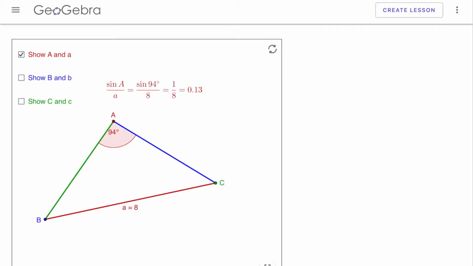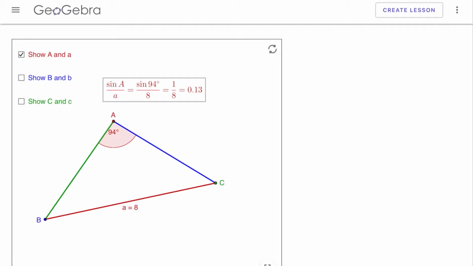So if you look right here, it tells you in this example that the angle given to us for angle A is 94 degrees. The side across from it is 8. If I were to take the sine of this 94-degree angle and then divide it by the side across from it, I would end up getting 0.13.